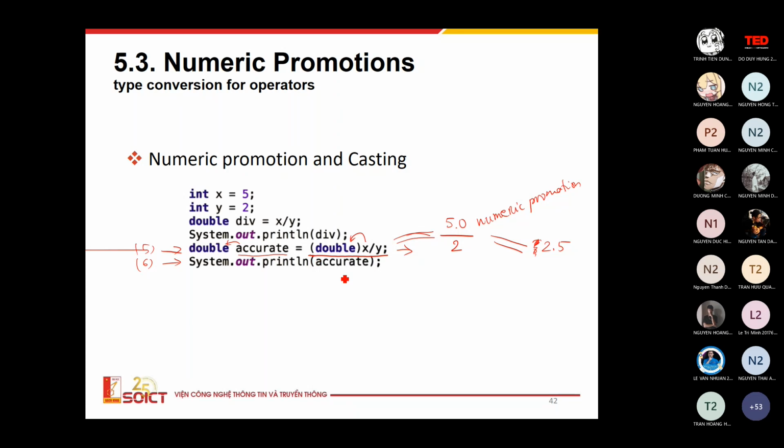Okay. So again, you see in one comment, you have the casting, then the numeric promotion. In the third slide, you have the numeric promotion, then the casting.